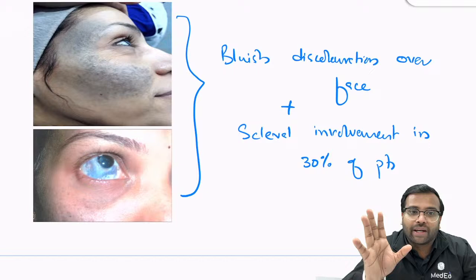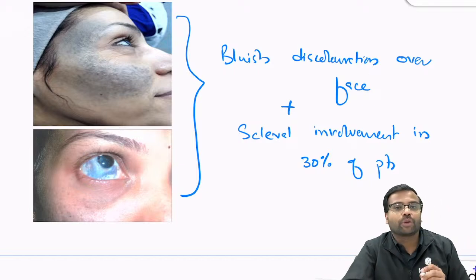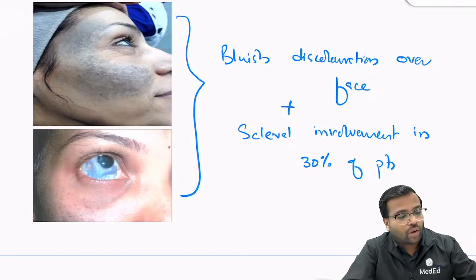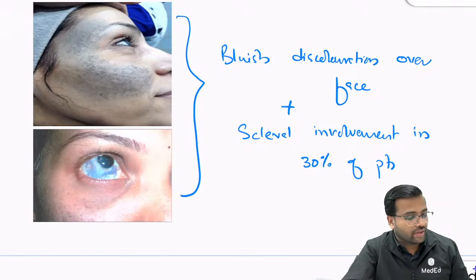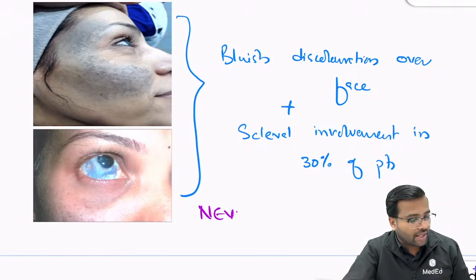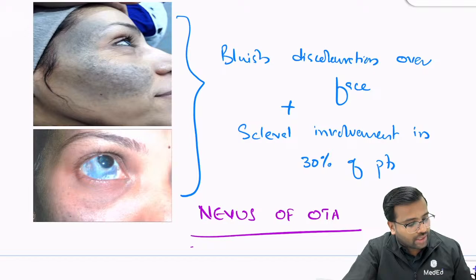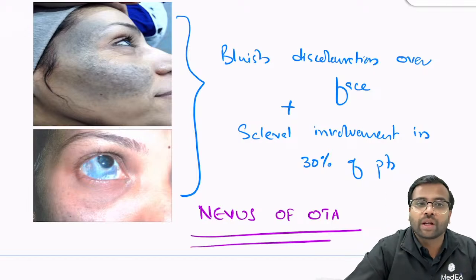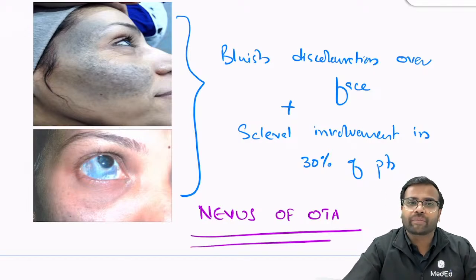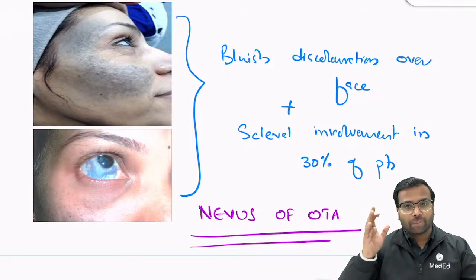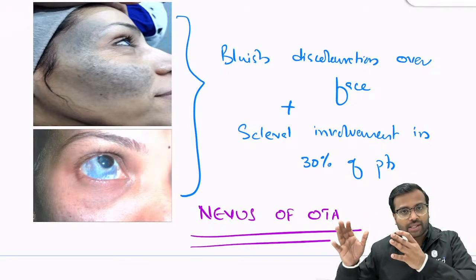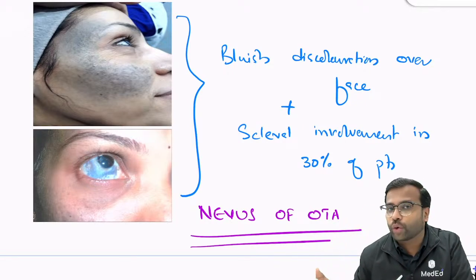So when you get something like this, the moment you see a blue discoloration, the thing that should come to your mind is a nevus. Now, what is the name of this nevus? This is called nevus of Ota. So why is there a blue color here? You remember that I told you the melanocyte derives from the neural crest.